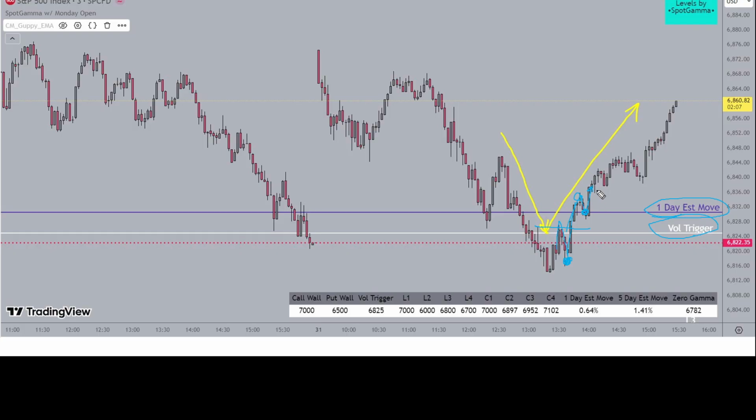In this case, you can take advantage of this and take a long position here or here.